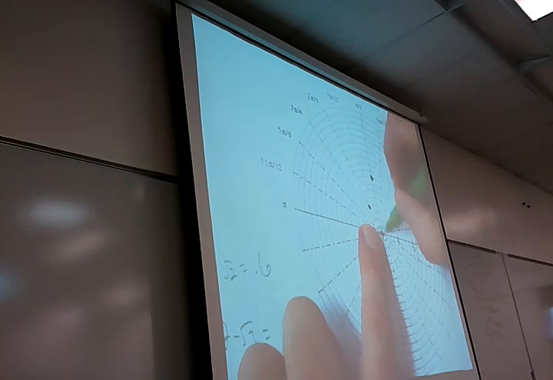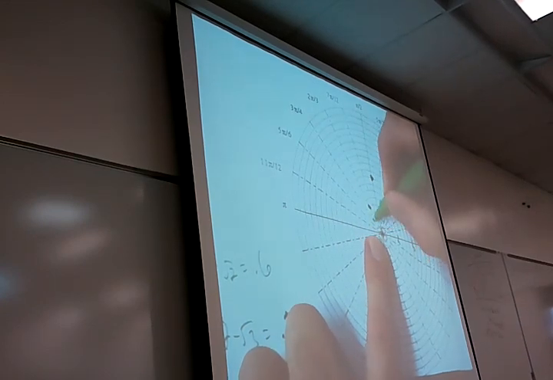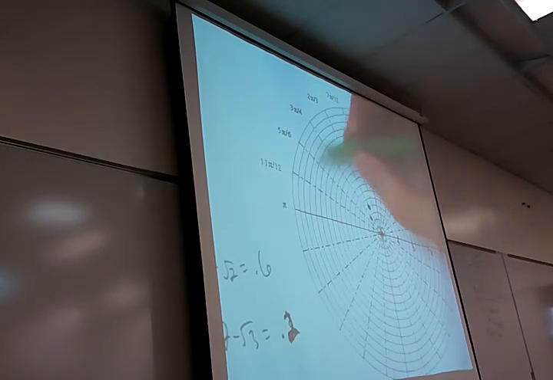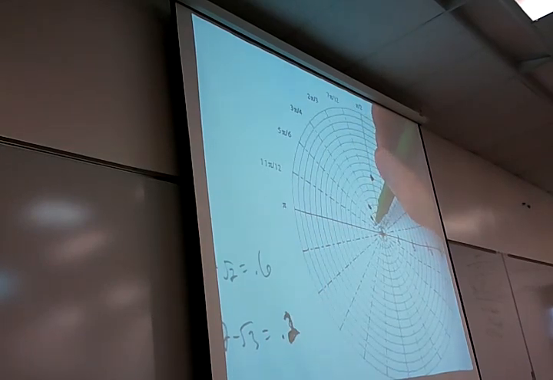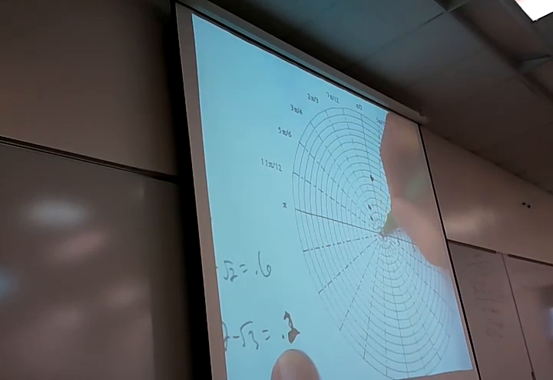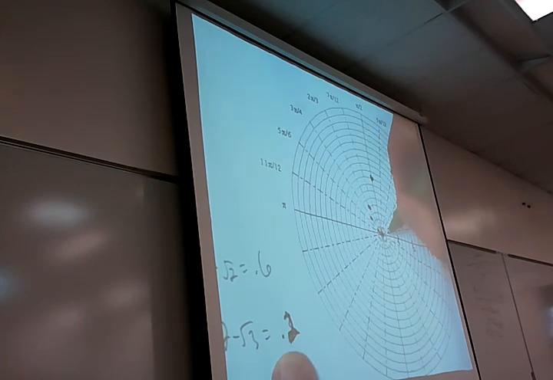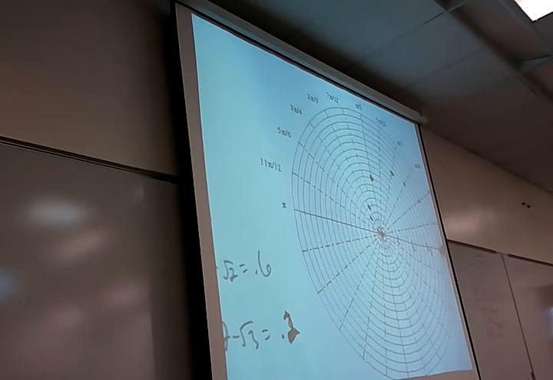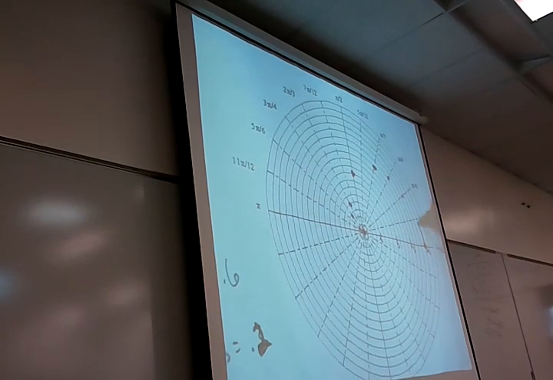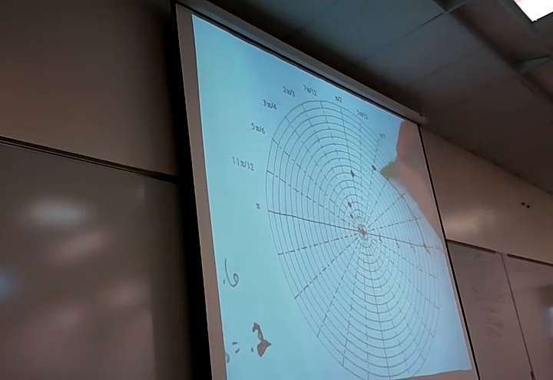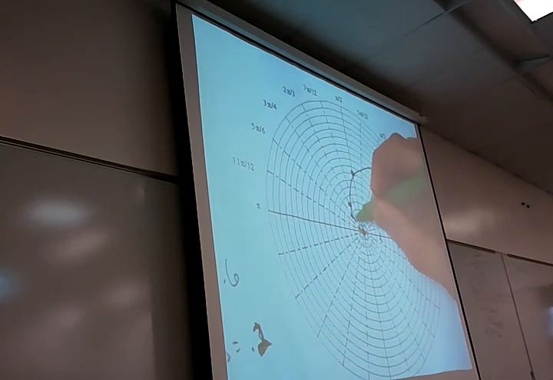So 0.6 would be about right there, maybe. 5 pi over 6, we got 0.2. So it's going to be about right there. And then at pi, it's 0. So it's interesting. Right now we've got this much going on. We've got this here. Bam.